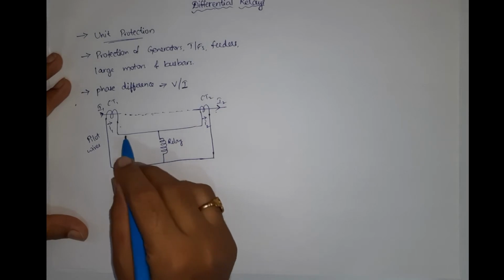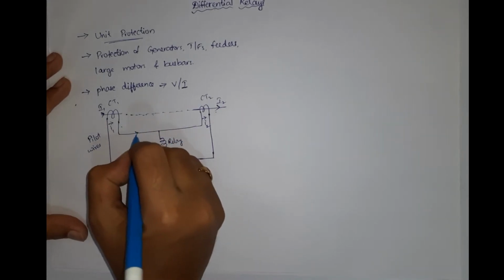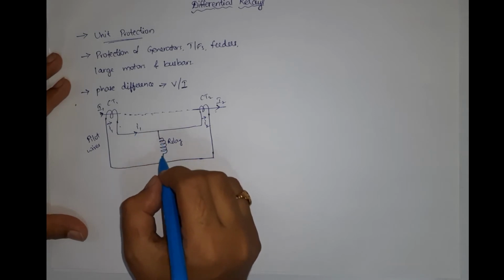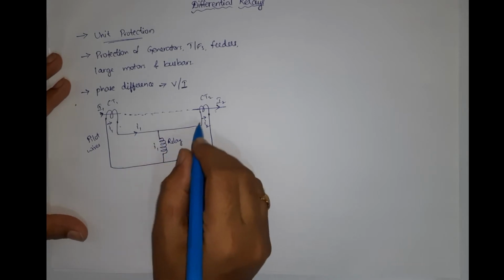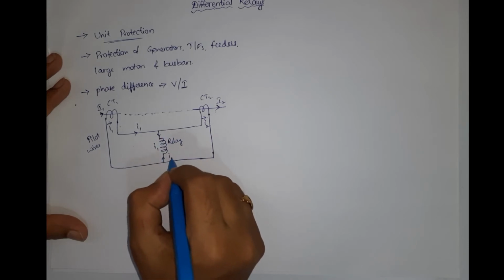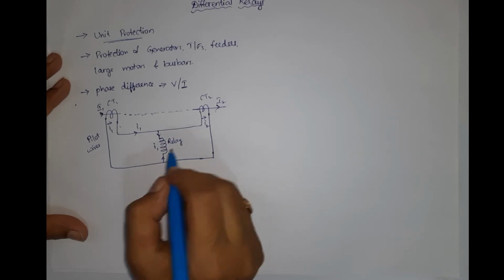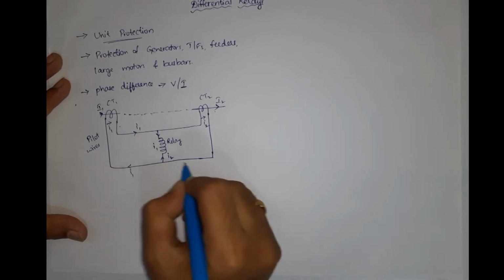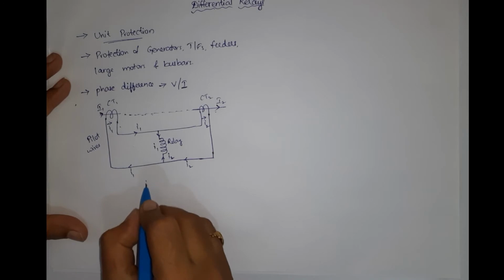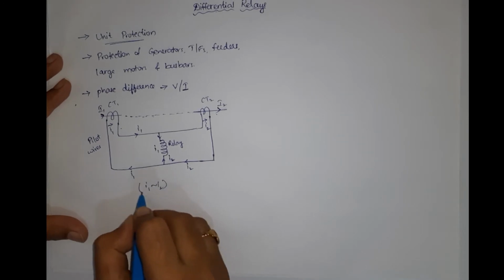The current flowing through the relay from CT1 is I1, and I2 will be in the opposite direction. The net current flowing through the relay is nothing but the difference of I1 and I2.